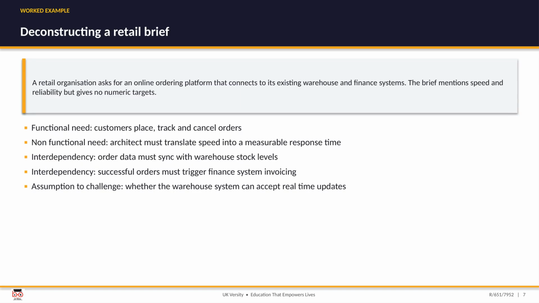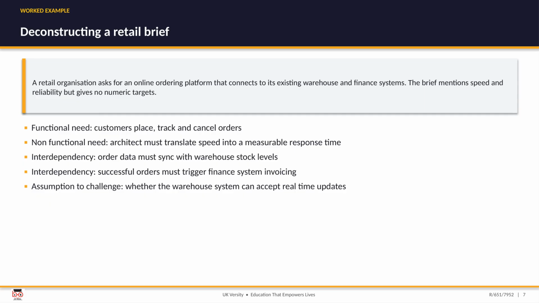Let us ground that in an example. A retailer asks for an online ordering platform that plugs into its existing warehouse and finance systems, and the brief says it should be fast and reliable but gives no numbers. The functional need is clear enough: customers placing, tracking, and cancelling orders.